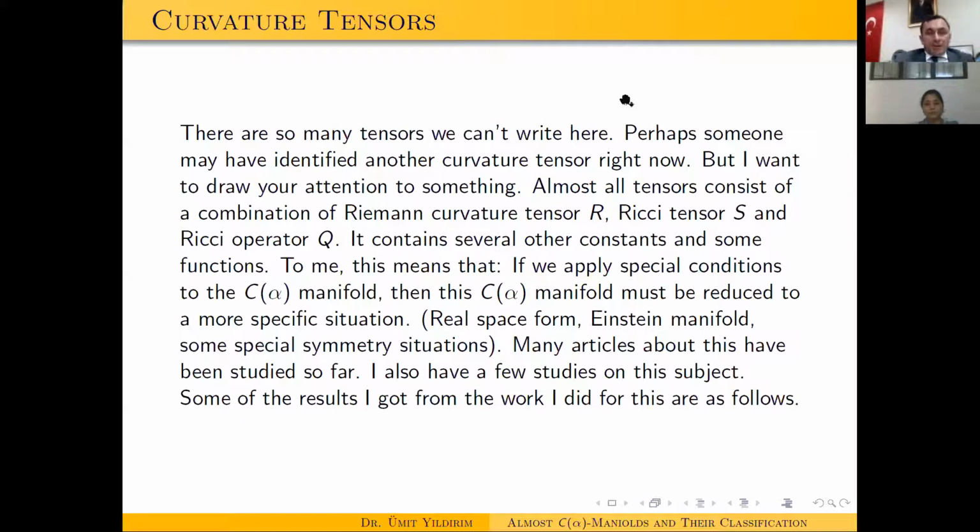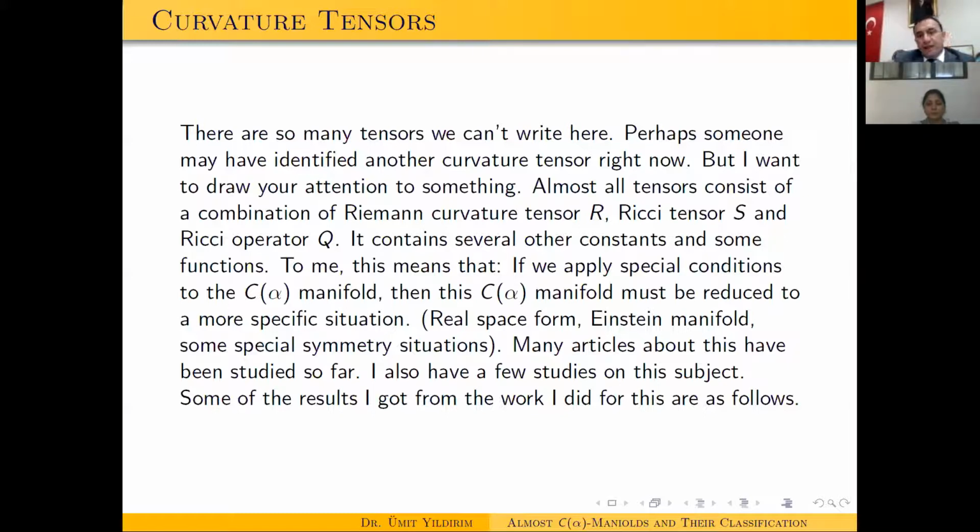There are so many tensors we can't write them all here. Perhaps someone might have identified another curvature tensor by now, but I want to draw your attention to something. Almost all tensors consist of a combination of the Riemannian curvature tensor R, the Ricci tensor S, and the Ricci operator Q, along with several constants and some functions.